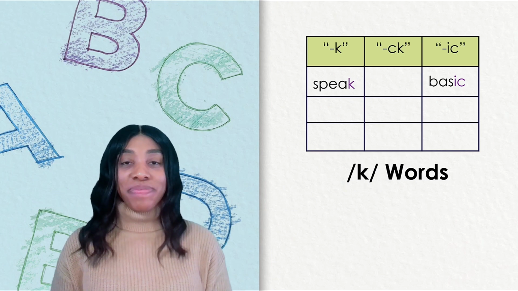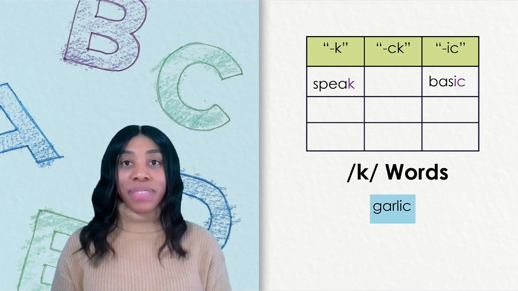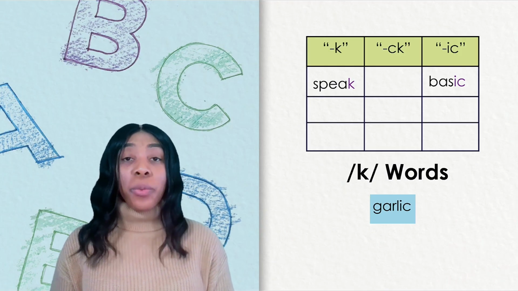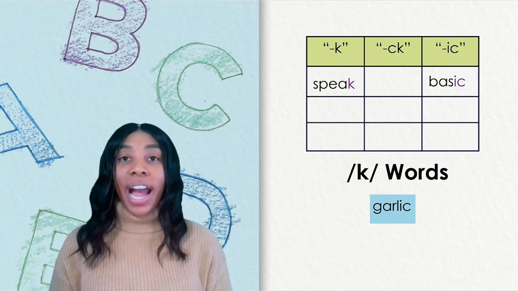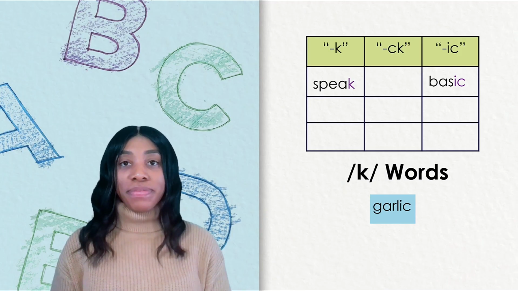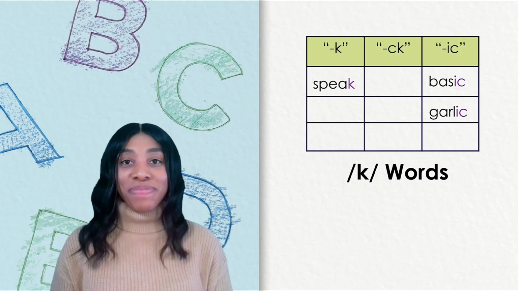Let's try another. The next word is garlic. Look closely. Would garlic go in the K, CK, or IC column? Garlic goes in the IC column.